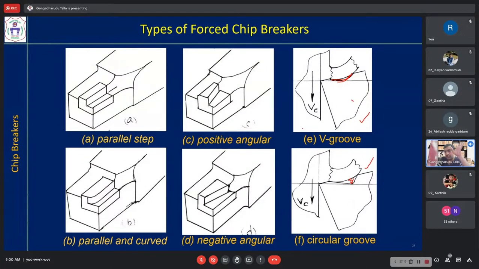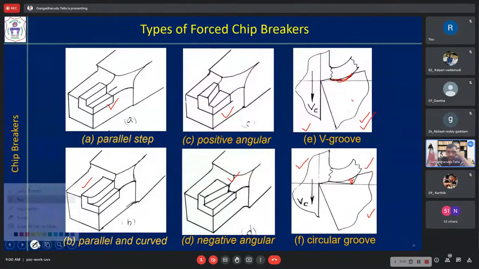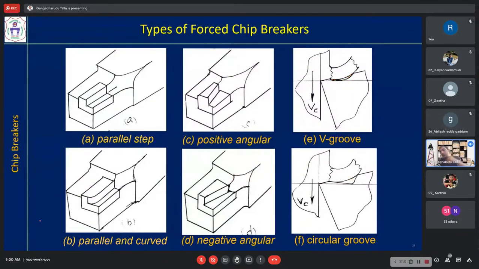On these inserts, these kinds of grooves are cut, because if you are cutting directly on the tool, you can have these things. These are favorable, but generally on inserts these two are favored. So this is about the various types of chip breakers.